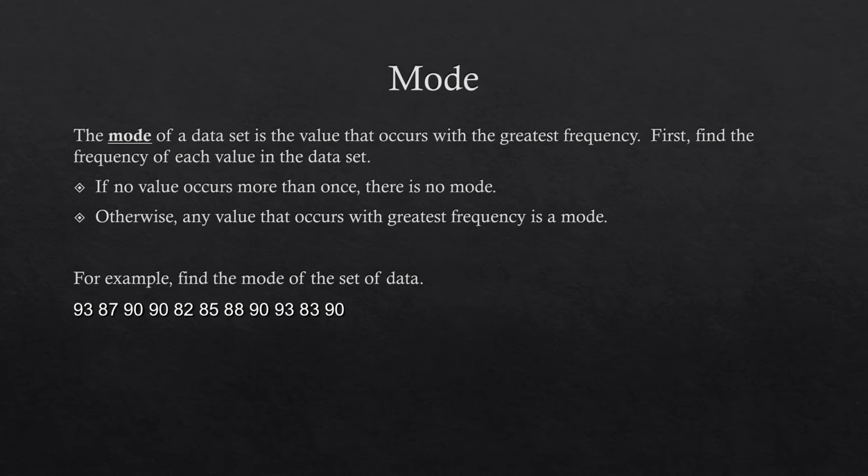So, for example, with this particular problem here, we have, let's see, 93 occurs twice. 87 only occurs once. 90, I see 90 occurring 1, 2, 3, 4 times. 82 I only see once, and the rest of these I only see one time.